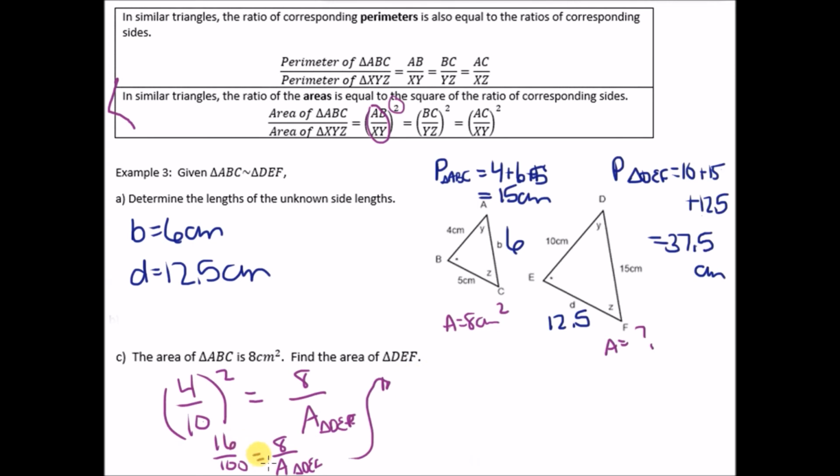If we were to cross multiply, the area of triangle DEF equals 8 times 100 divided by 16. So 800 divided by 16, I get 50. So the area of triangle DEF equals 50 centimeters squared.